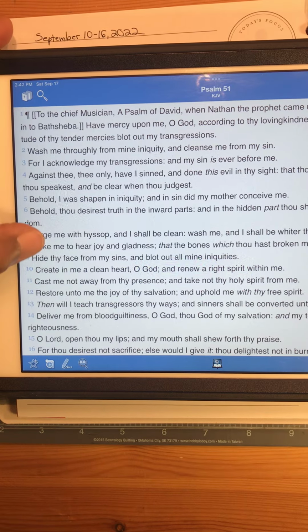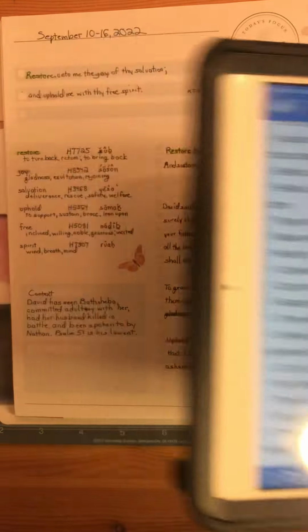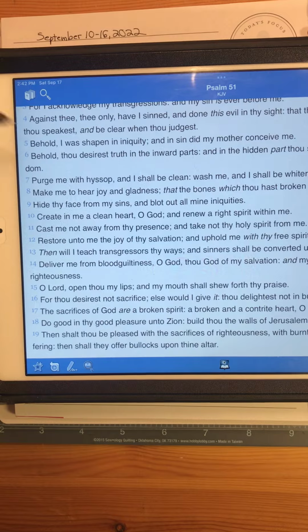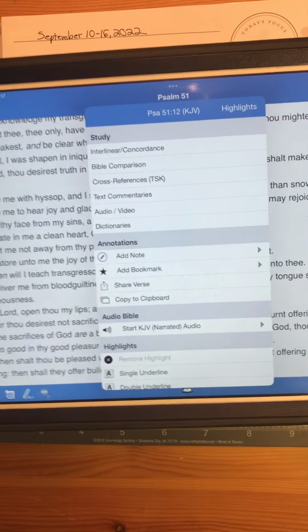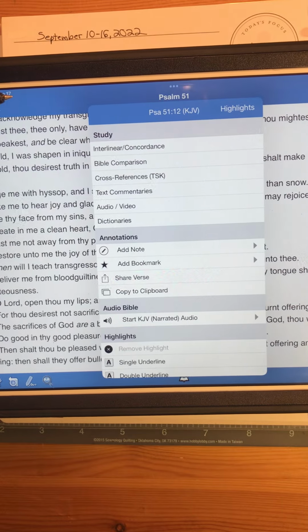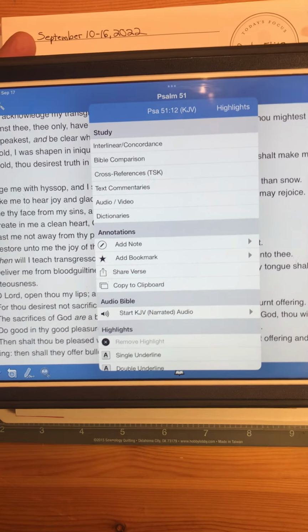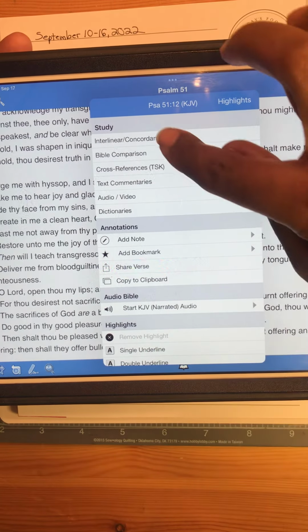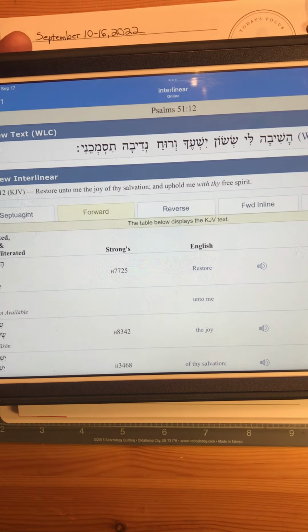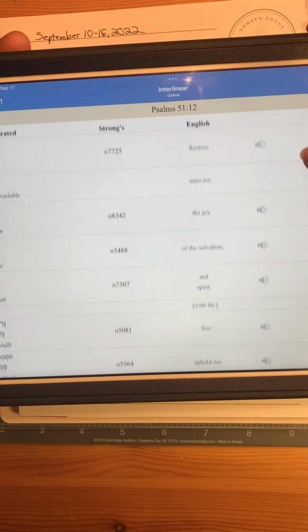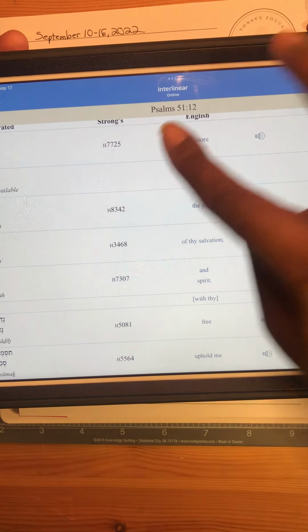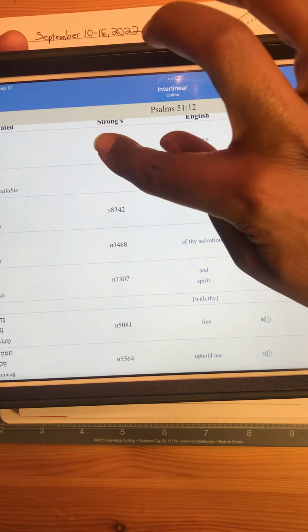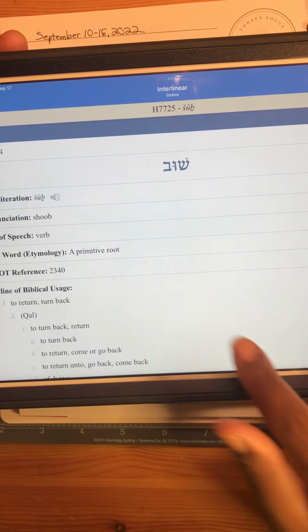All you have to do is find the verse you're looking for, 51:12, and if you tap the verse here in Blue Letter Bible, it offers you several options. You can tap the interlinear / concordance and look at each of the words in the verse and what their Hebrew word is in Strong's.